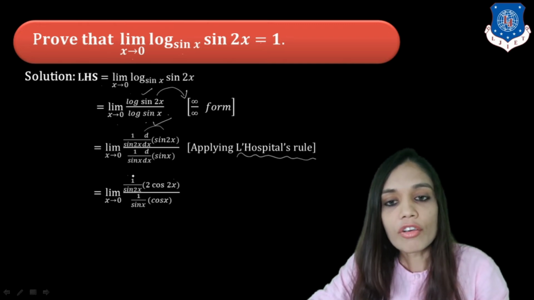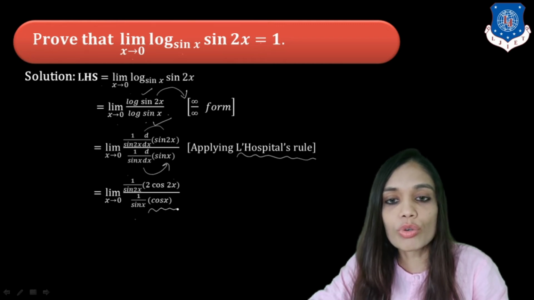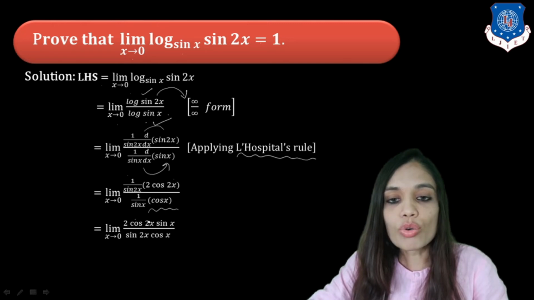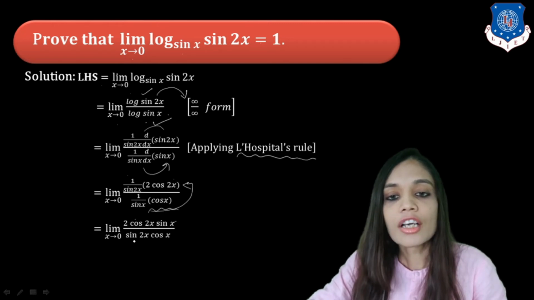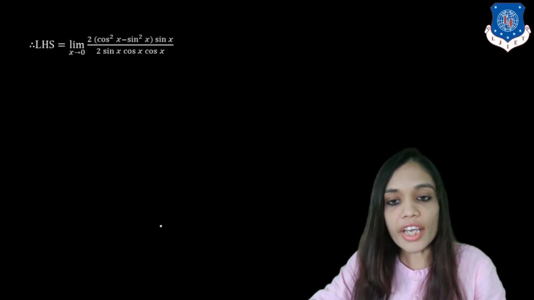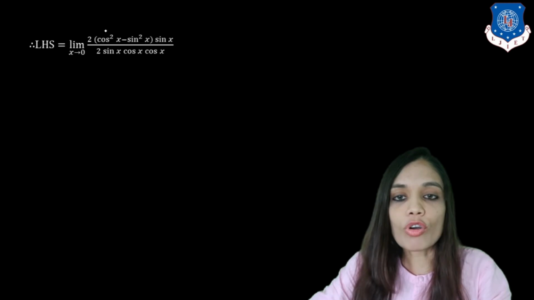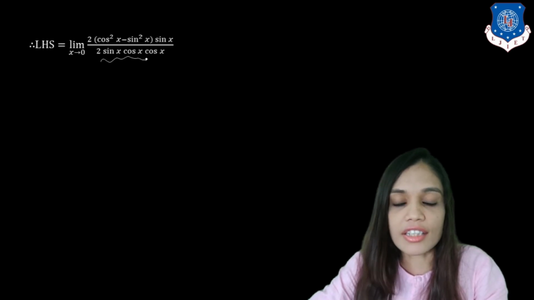So it will be 1 upon sine x and derivative of sine x will be equal to cos x. Now on simplifying we will get 2 cos 2x, take this in the numerator, into sin x upon sin 2x into cos x. Okay. Now we will replace cos 2x by cos square x minus sin square x and sin 2x by 2 sin x cos x.